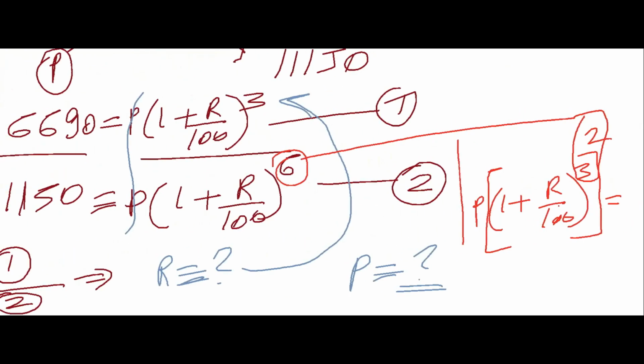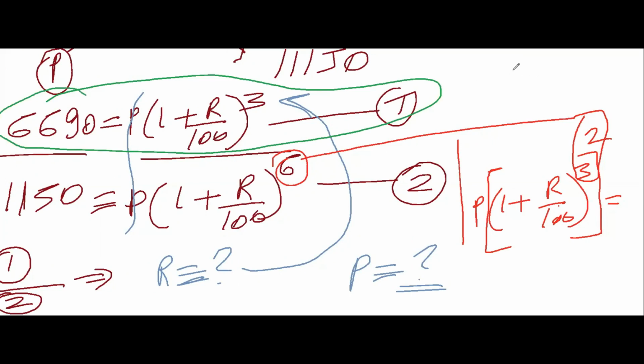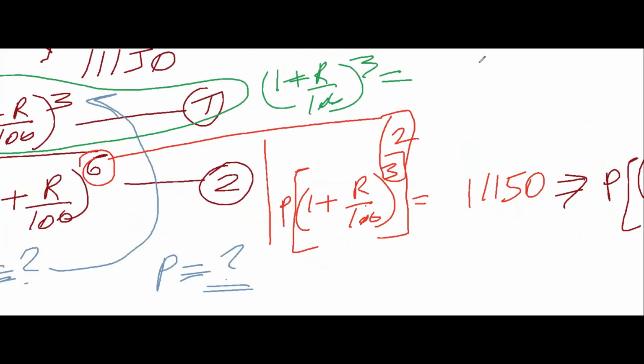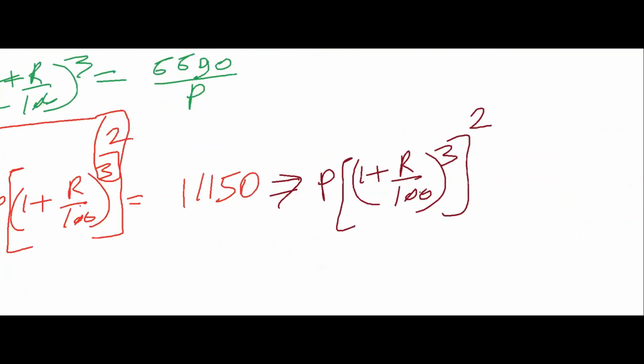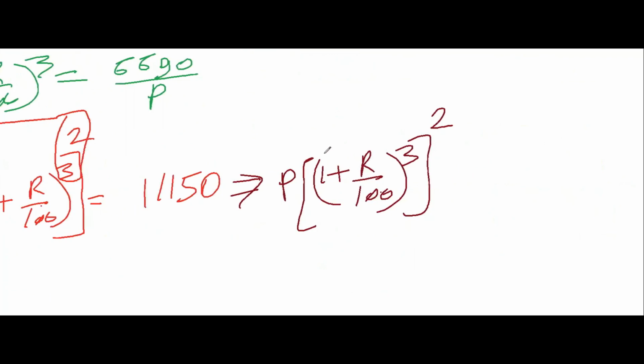From equation 1, I am getting that value as 6690 upon P. This value I will substitute here, over here.